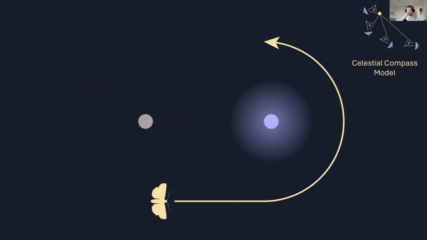So if it was going clockwise on the first bulb, it should continue going clockwise on the second bulb, because that would be characteristic of keeping the moon either at a fixed angle on your left or a fixed angle on your right. Whereas it would argue against this if we saw them just switching between keeping it on the left or the right. And so that's what we set about doing.